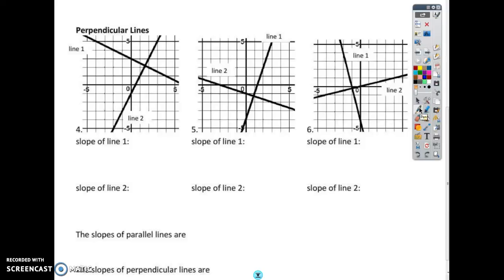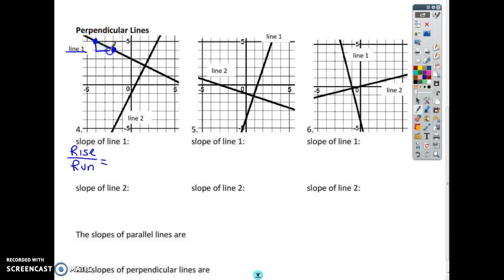So we're going to do the slope of line 1. This is line 1. I'm going to do the rise over the run. Okay, you have to pick 2 points. So I'm going to pick this one right here and this one right here. Positive or negative slope? Negative. It's coming down.